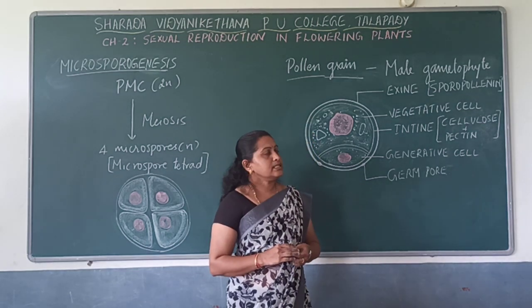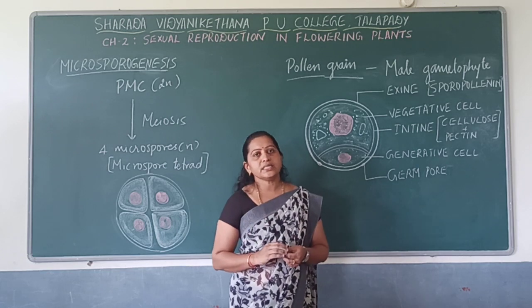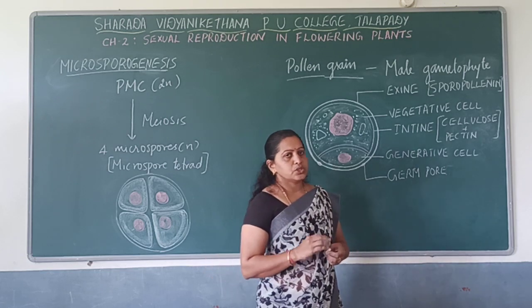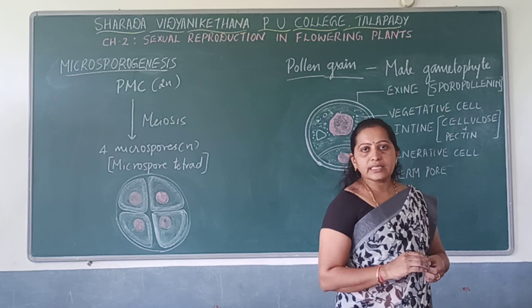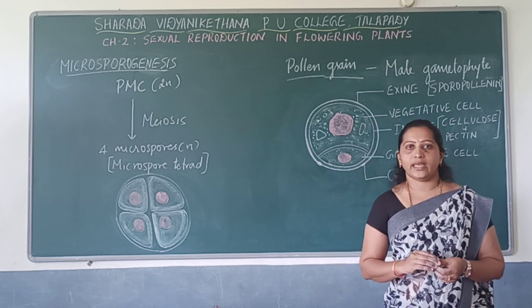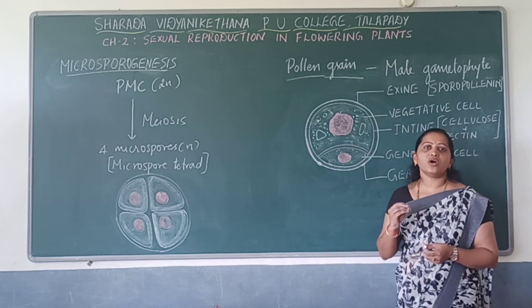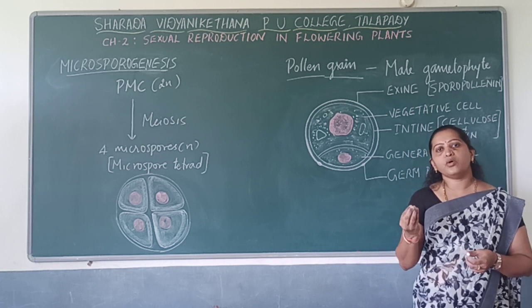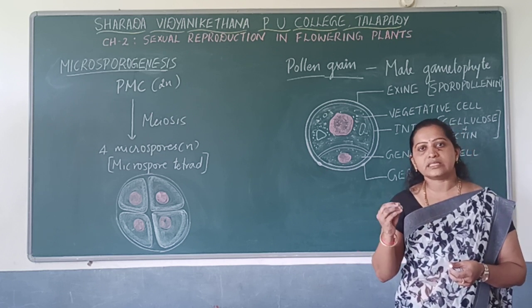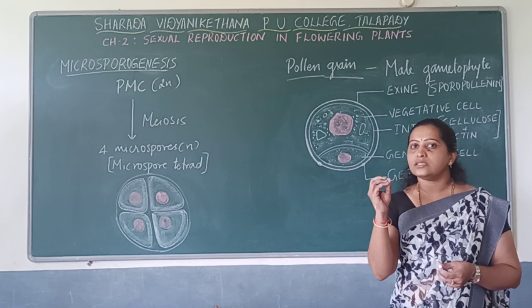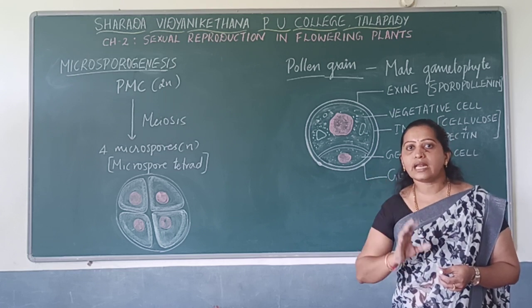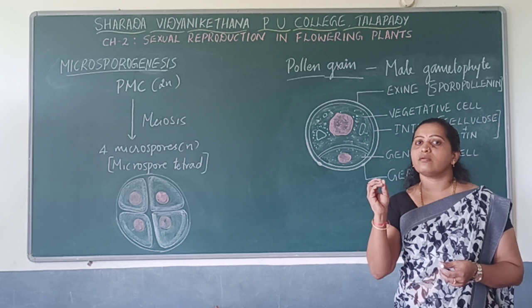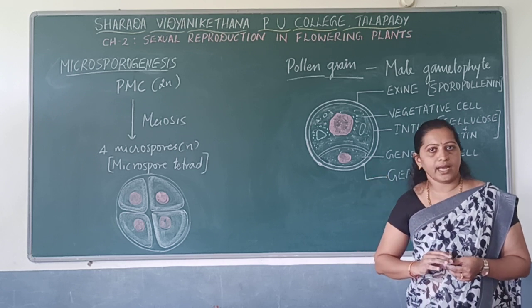Now let us discuss the viability of pollen grains. This is called pollen viability. Let us discuss what this viability of pollen grains is. You know that pollen grains, once formed inside the anther, will dehisce along the line of dehiscence and the pollen grains are released from the anther.